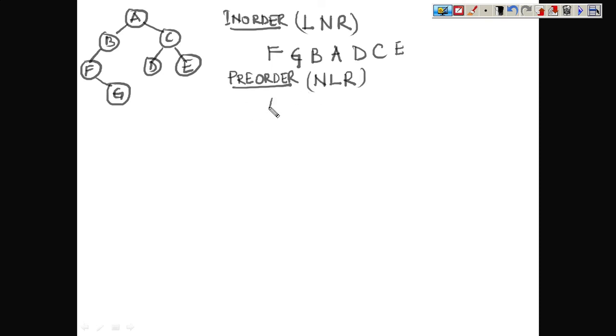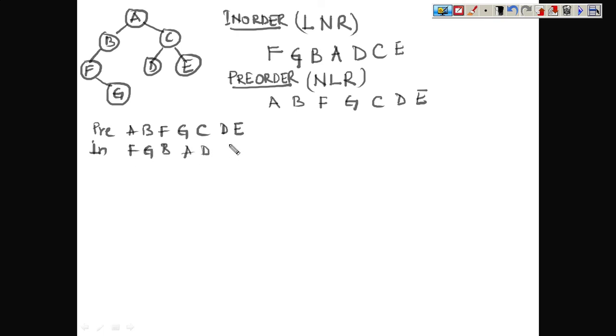So you will get A, and we will get A, then B, then F, then G, then you go to your C, and then D and E. So this is what we have got. Let us write here the pre-order sequence. This is A, B, F, G, C, D, E, and in order sequence is F, G, B, A, D, C, E.